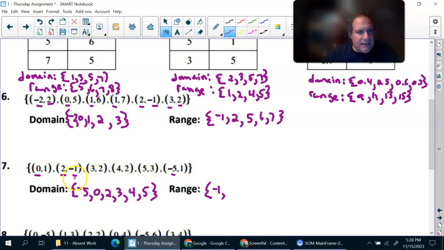So we have that, and then we have 1 twice, so we're only going to list it once. And then we have 2 twice, so we're only going to list that once. And then we have 3. And that's it for the range.